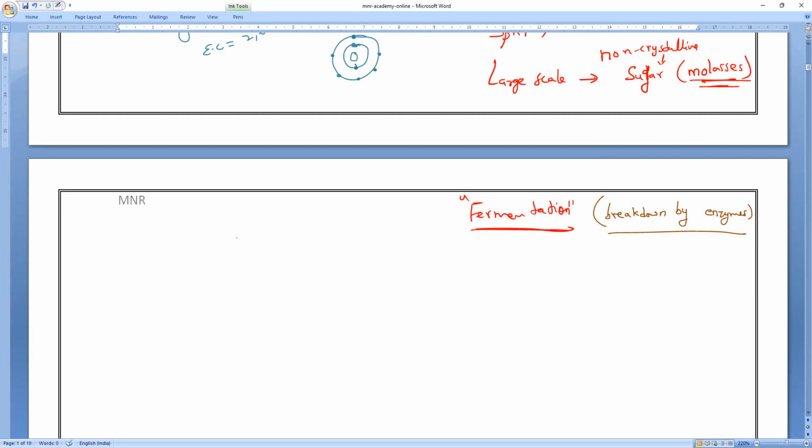It is a waste product in the sugar industries, and a very bad smell comes from it. That is non-crystalline sugar.